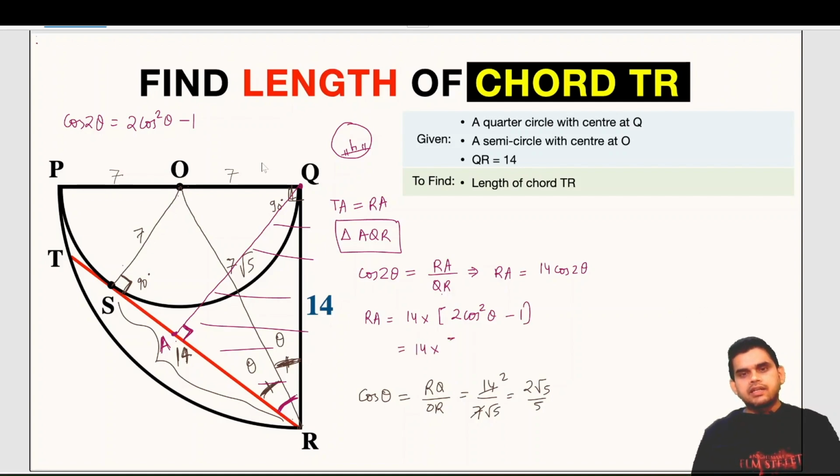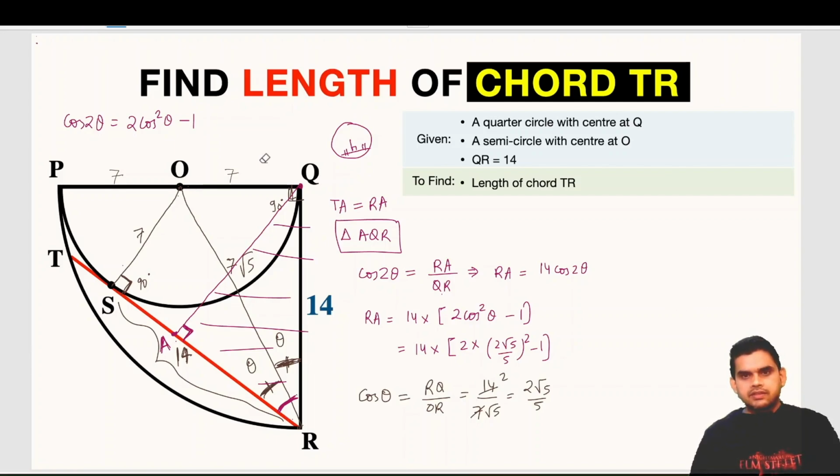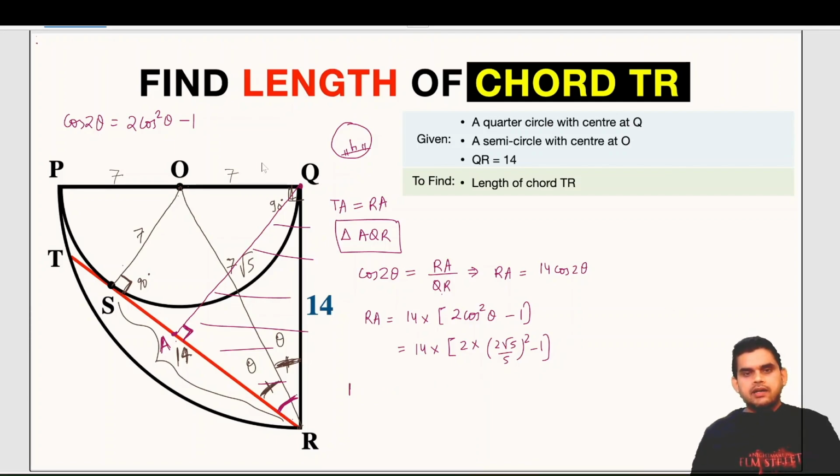So 14 times 2 multiplied by 2 root 5 over 5 whole square minus 1.